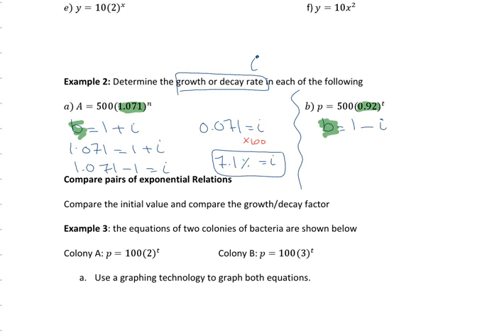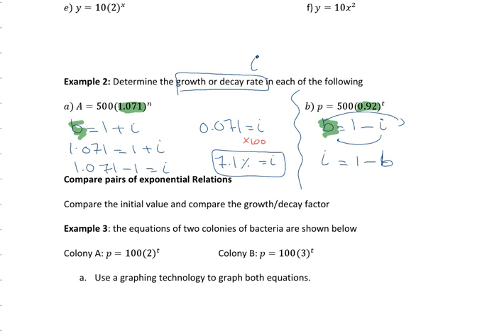So it's going to be I is equal to 1 minus 0.92. That's right. So basically, I'm going to trade some spots here. That minus I is going to come over, so it becomes I. And then that B is going to come over, so it becomes minus, just because I want to get rid of that minus in front of the I, right?